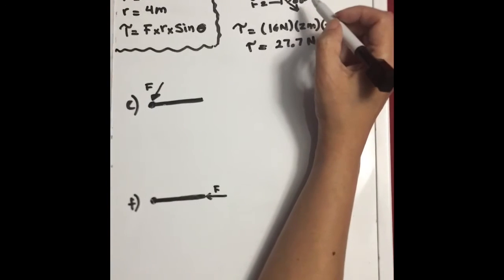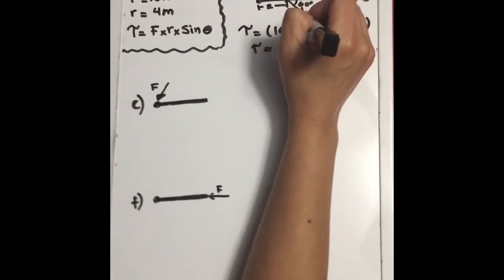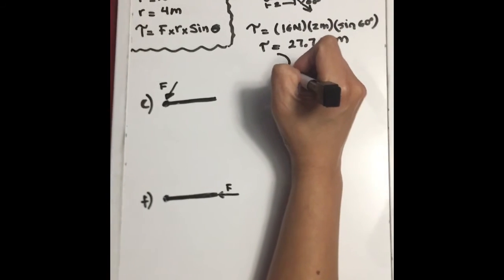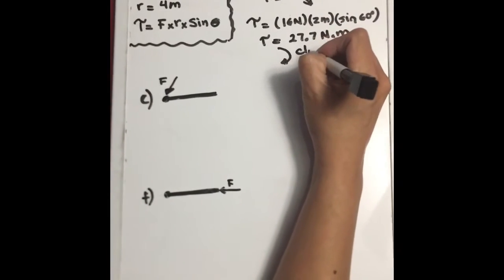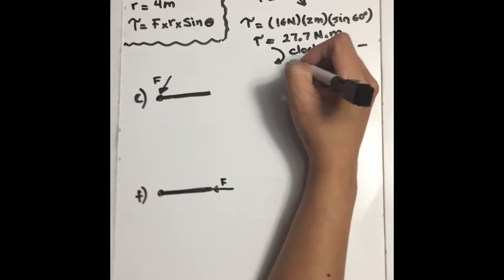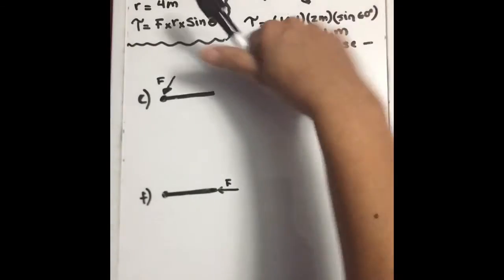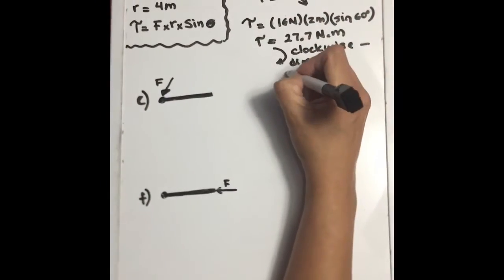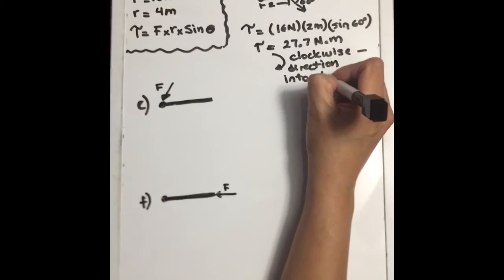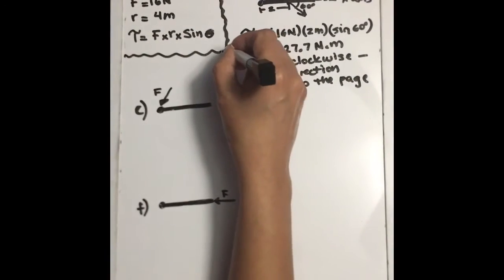Now, in this case, the direction of the force is this way, which is clockwise. Clockwise is the negative direction, and by the right-hand rule, it will be into the page. Okay, this is for part D.